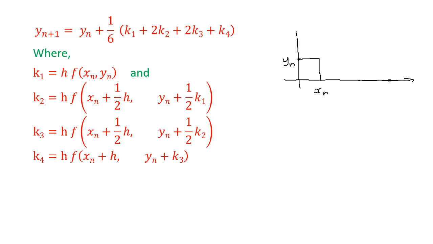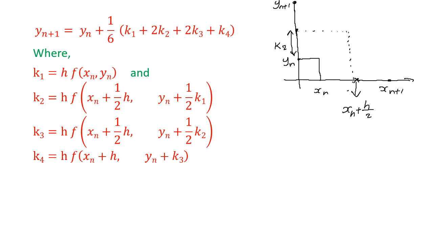This corresponds to xn, yn. Say this is xn plus 1, then obviously this point is the midway, that is xn plus h by 2, and we assume that this point is k2 away from yn. So yn plus 1 will be somewhere here. So using this we evaluate the function again at the midpoint.